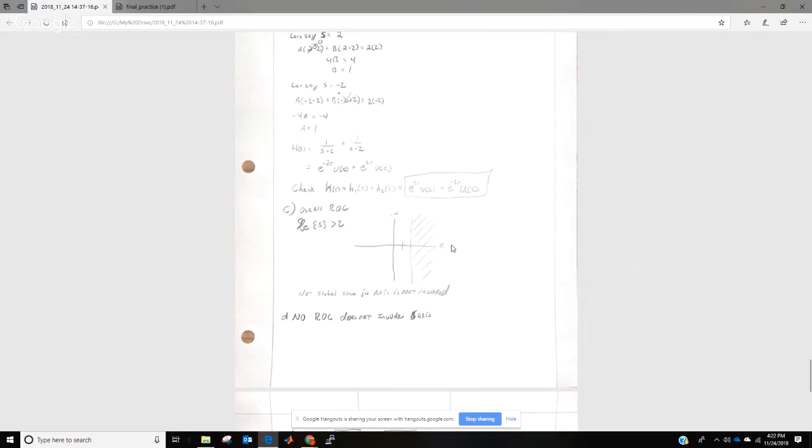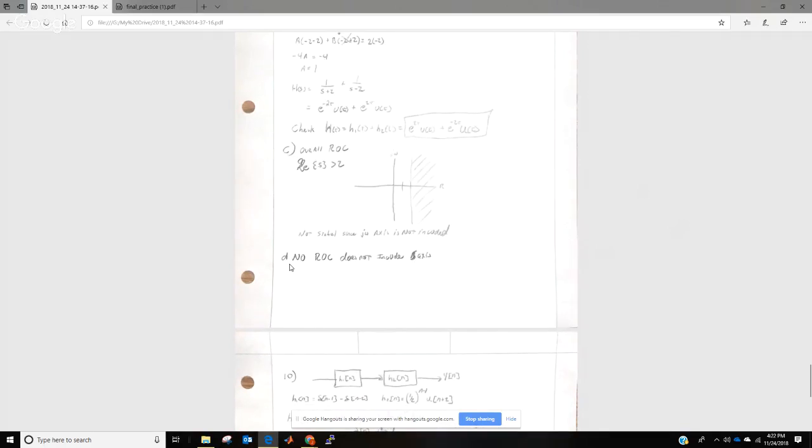Or it is causal. The region of convergence of H of s is in the right half of the plane, to the right of the rightmost pole. So it is causal. And that's our definition of causality. Or we have our poles, which I didn't put on this graph, but they are there at -2 and +2, and we're right of those, so it is causal.